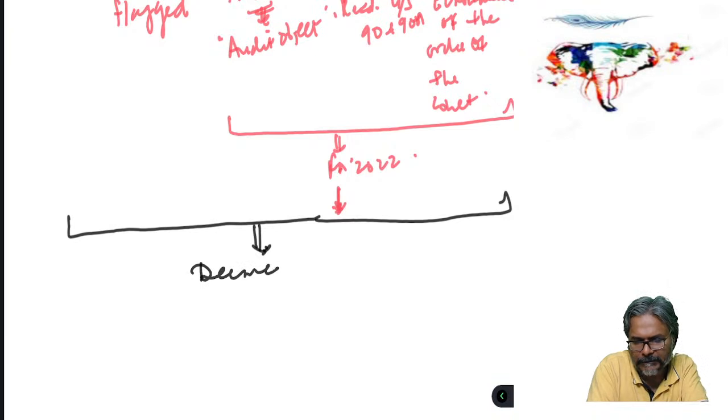Students, after this one piece of information, there is also the concept of deemed information, where the AO is deemed to have the information.